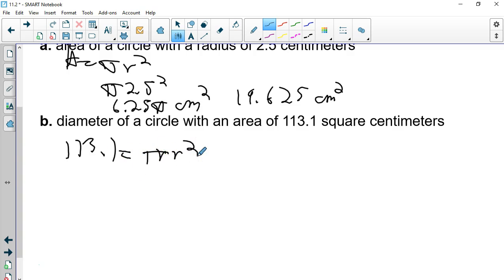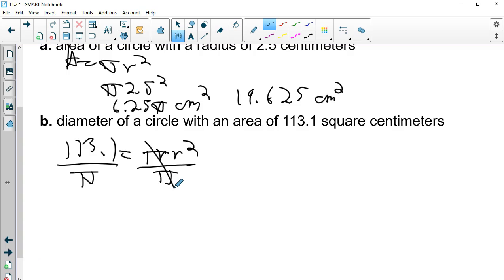So we're going to divide by pi, cancel. So 113.1 divided by 3.14 is 36.01 or 2. Let's just call it 36.